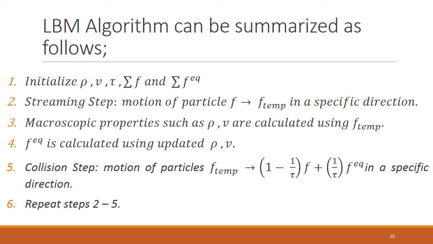So this is the basic algorithm that we're going to use to do the LBM. First, we create the initial parameters such as density, velocity, and tau, which we just saw previously.